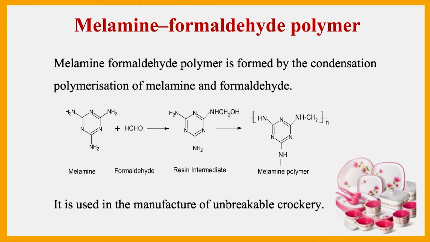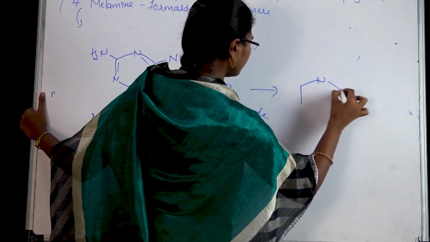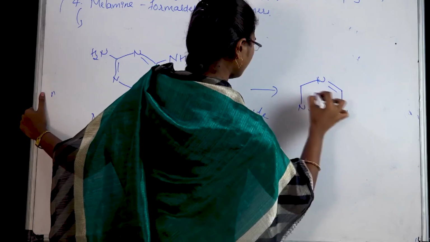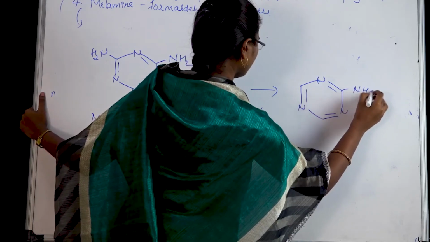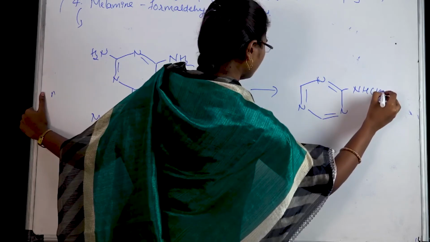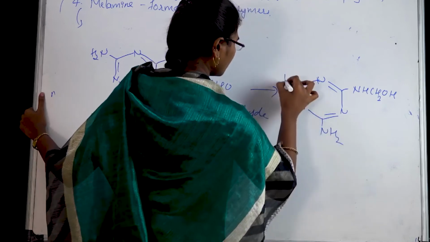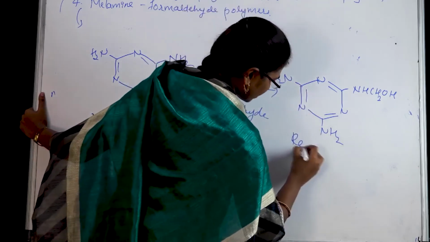This is the formaldehyde. So, we will get a resin intermediate structure. So, this is the resin intermediate.